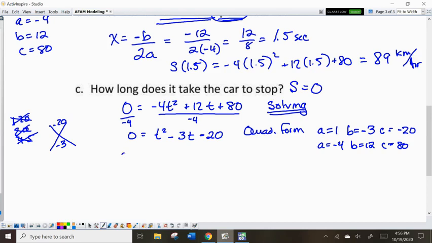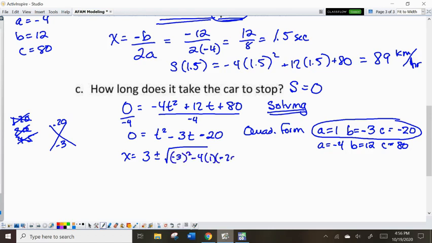When we fill in our quadratic formula, I'm going to use my simplified version. The opposite of b is 3, plus or minus the square root of b squared minus 4 times a times c all over 2a. As I go through and simplify my radical, 9 plus 80 would give me 89.